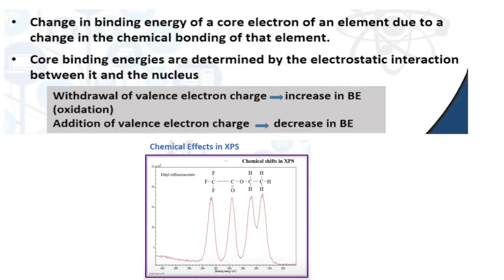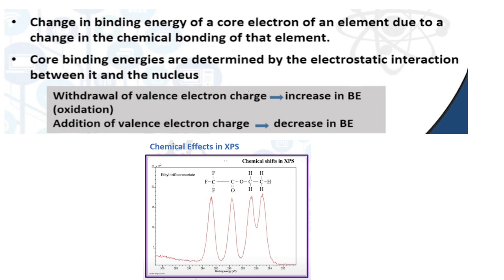Now, there is a change in the binding energy of a core electron of an element due to a change in the chemical bonding of that element. Core binding energies are determined by the electrostatic interaction between the electron and the nucleus. So just focus on how the electrostatic interaction changes whenever there is a different electronic environment. Imagine how the nucleus is attracting the rest of the electrons.